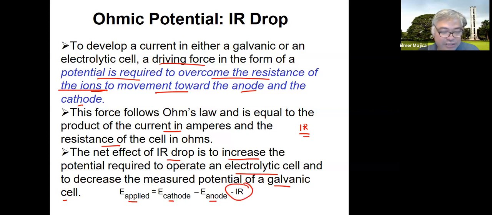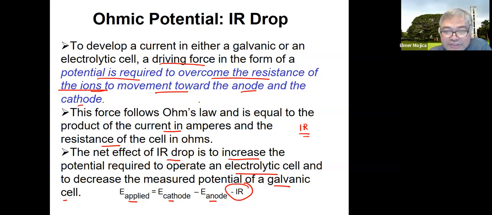When we look at this ohmic potential or IR drop, it's just the flow of current through a solution, which gives a potential across a cell according to Ohm's law.